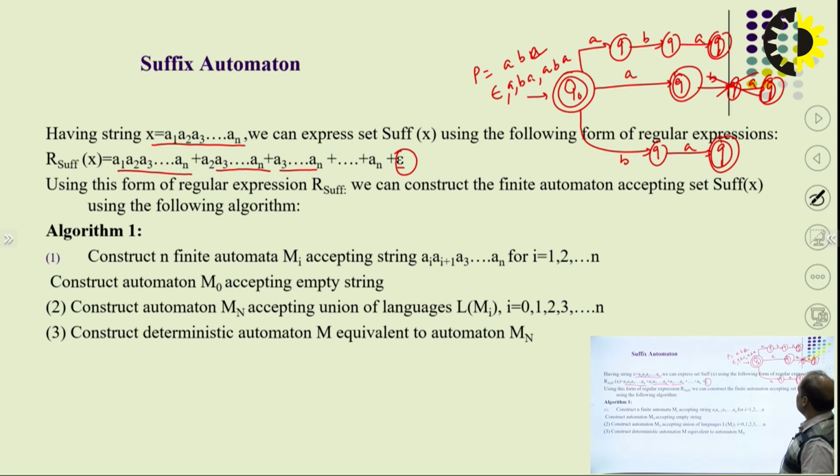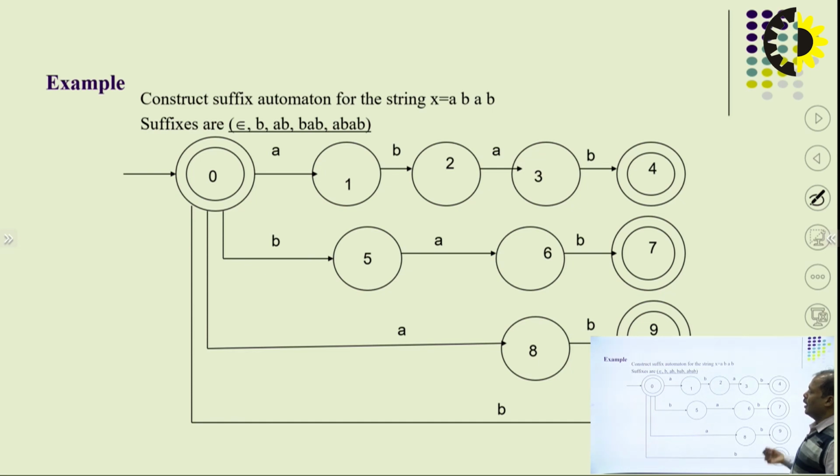In order to get the suffix automata, we have to convert this into a deterministic finite automaton, because this is non-deterministic. You can see that from here we get A, and then also we go from here on A. So this is non-deterministic. In order to get the suffix automata, we have to convert it into the deterministic form, right? And as we know, this is a very costly affair, because converting non-deterministic to deterministic is very expensive.